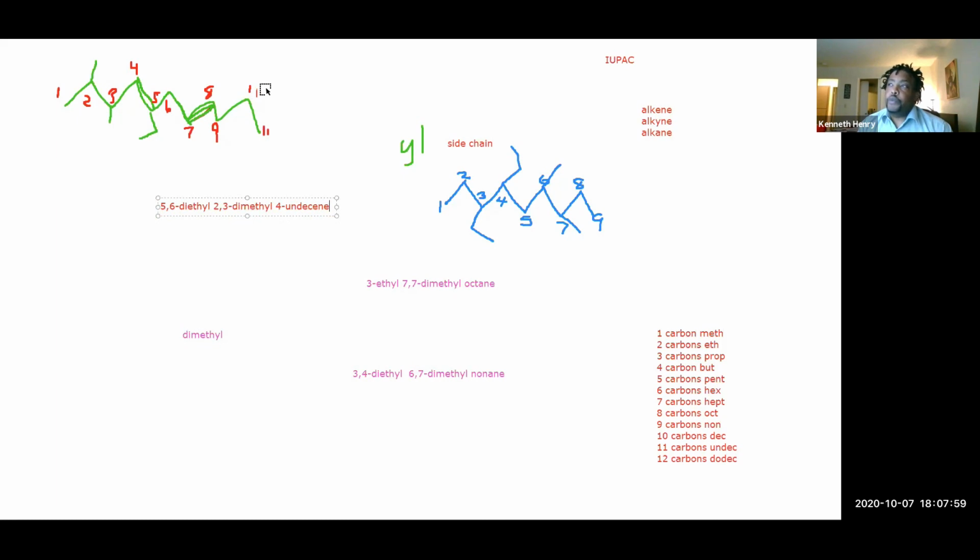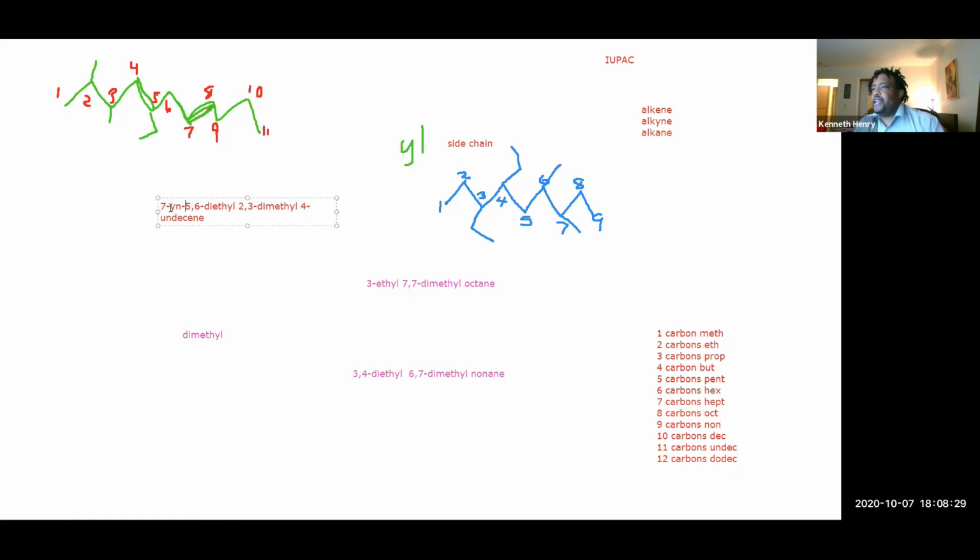Since this is a triple bond, what we do is tell where that triple bond starts. It starts at the 7. So we write 7-yn.